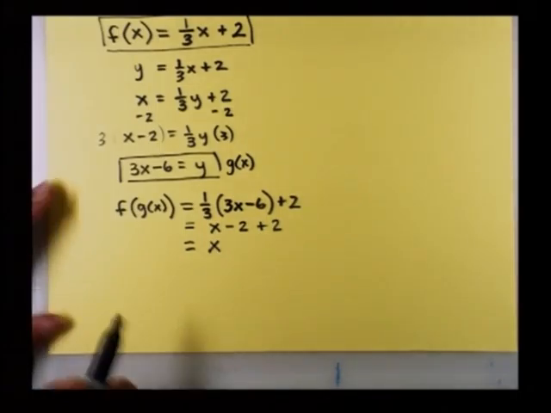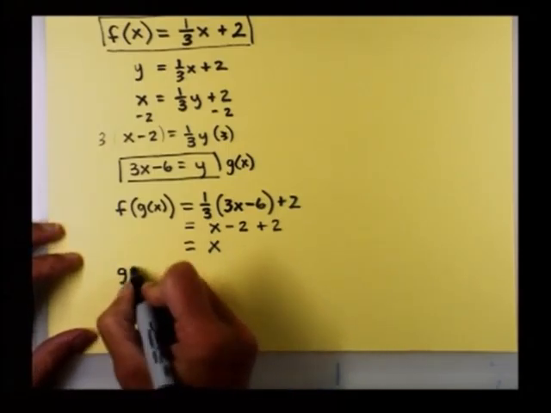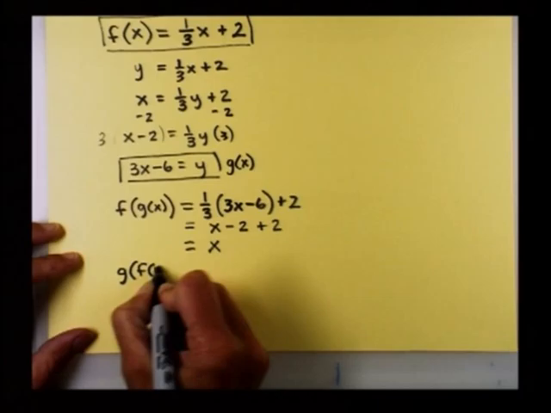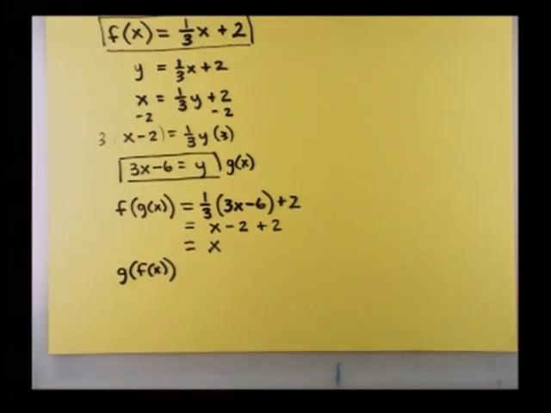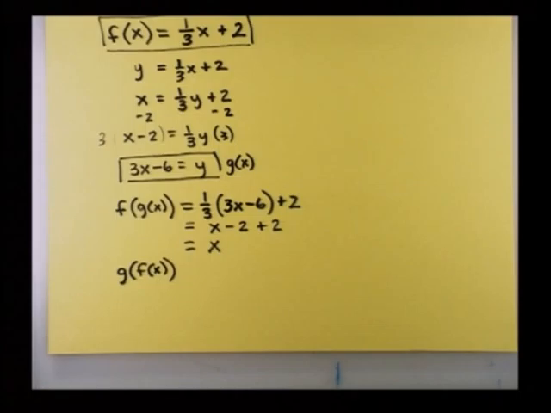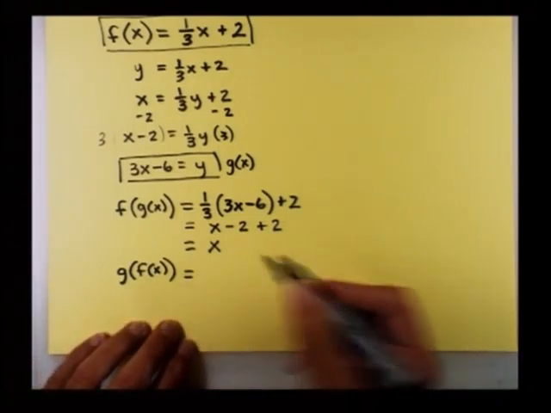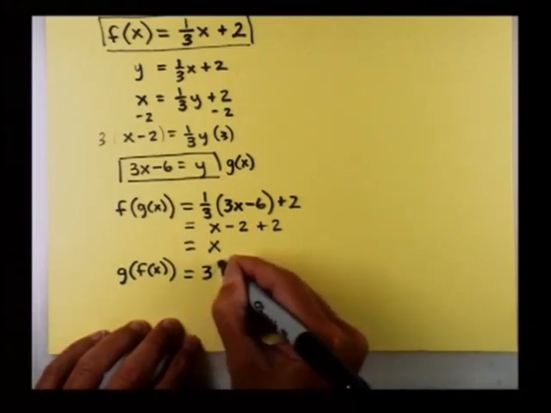Now the next thing we do is we're going to go the other direction with it. We're going to find g of f of x. We have to undo each other. So let's take our entire f equation this time and plug it into the g function. So this time we have 3.